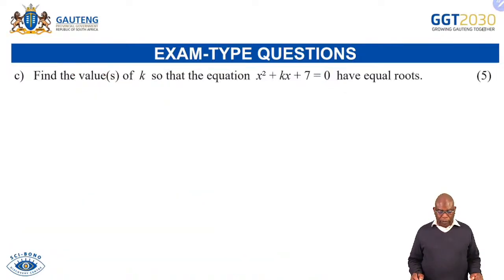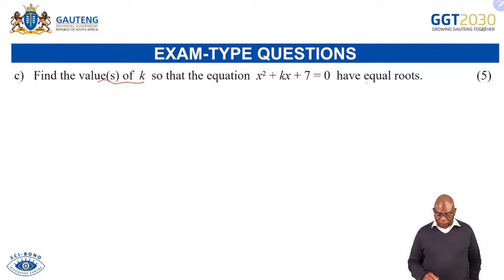Right. Now let's look at this again. Now here, this is the second part. Now they say find the values. You see, remember the objective of the lesson is to say by the end of the lesson you must be able to determine the value of the variable given the nature of the roots.